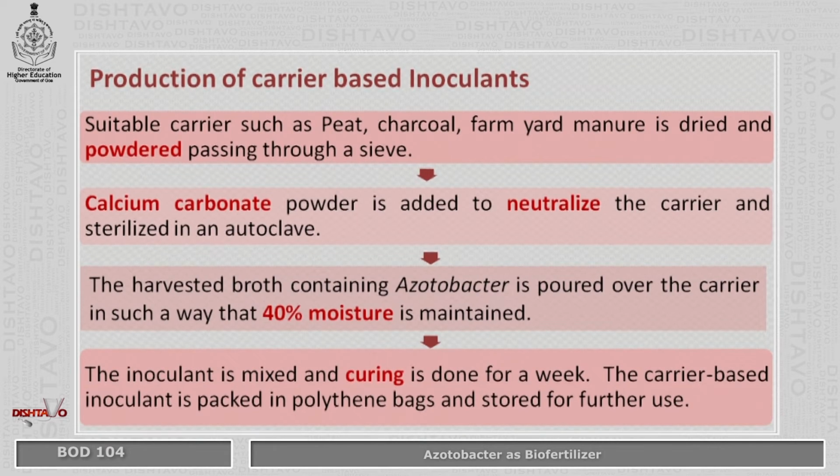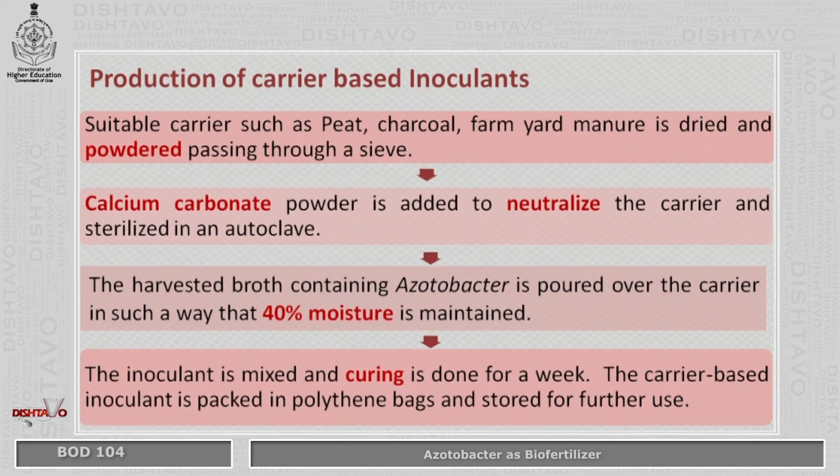For production of carrier-based inoculants, suitable carrier such as peat, charcoal, farmyard manure is dried and powdered passing through sieve. These carriers can be used alone or in combination. Calcium carbonate powder is added to the carrier to neutralize and it is sterilized in an autoclave.